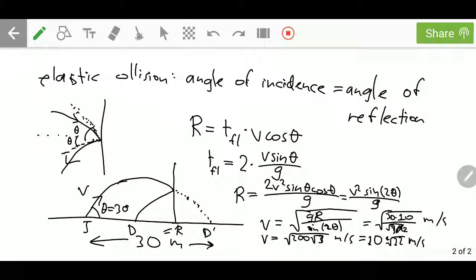And now we can just do this with a calculator. So 12 to the power 1/4 is roughly 1.861. Multiply that by 10 is roughly 18.6 meters per second.